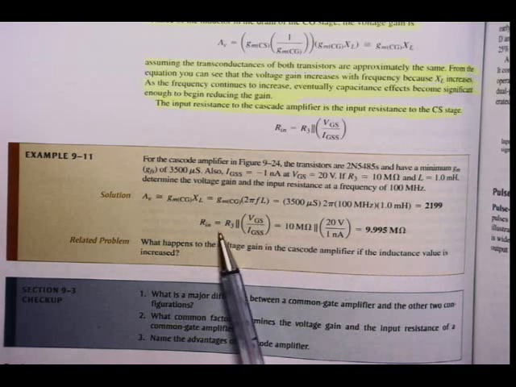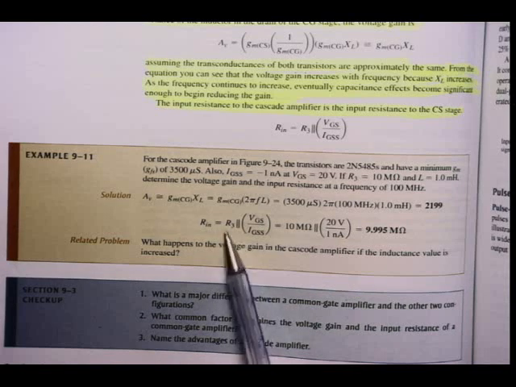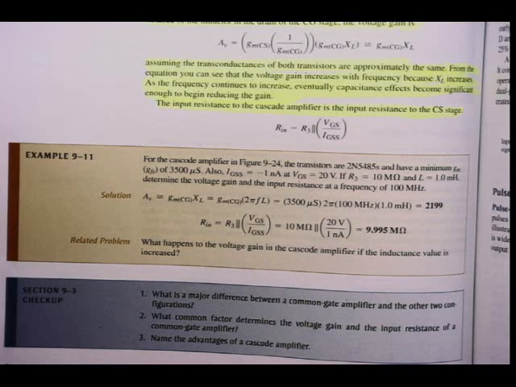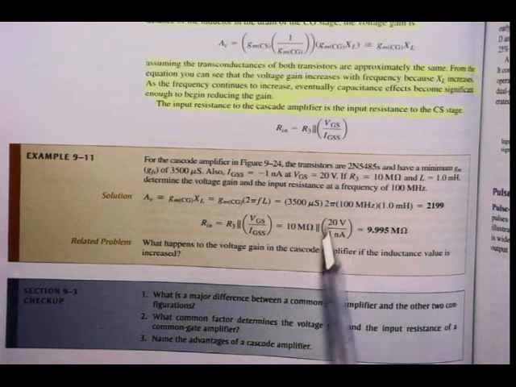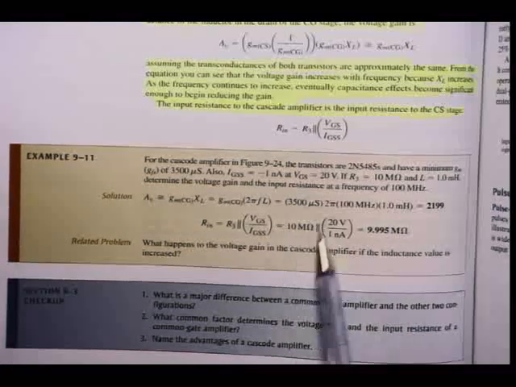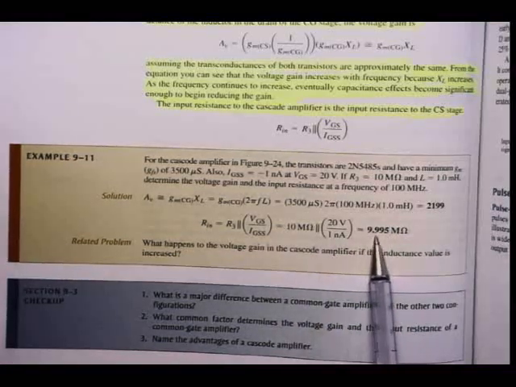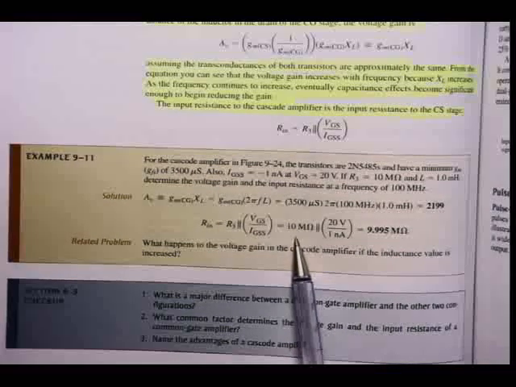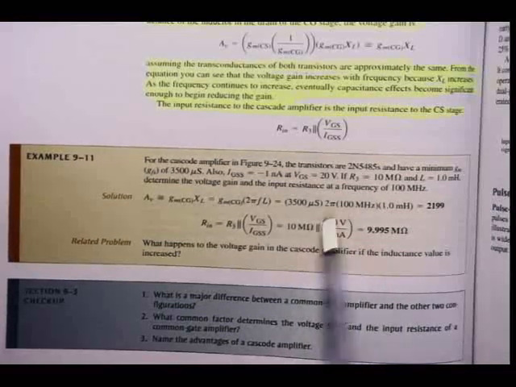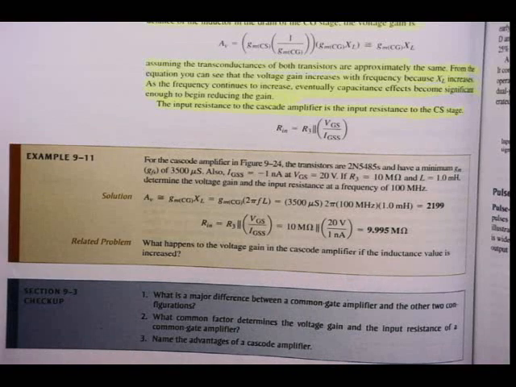Anyway, Rin is then R3 in parallel with VGS over IGSS, and you can see again, as previously, that they've said it is equivalent to the value of R3. Can you see how close it is? 9.995 megaohm, and R3 was 10 megaohm, because this value is very large. Alright. Okay.